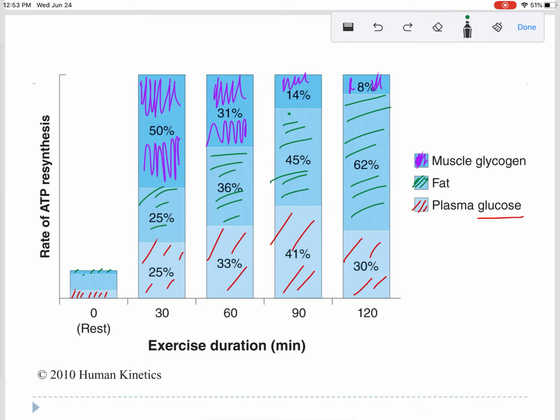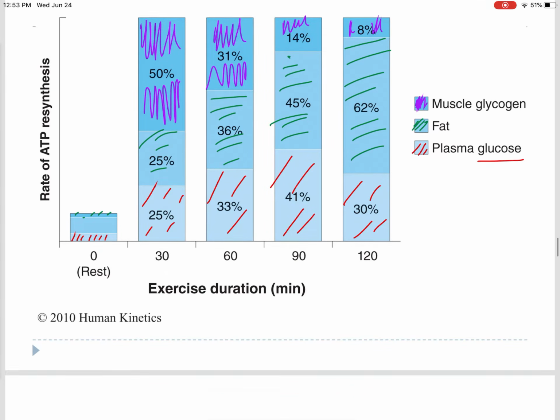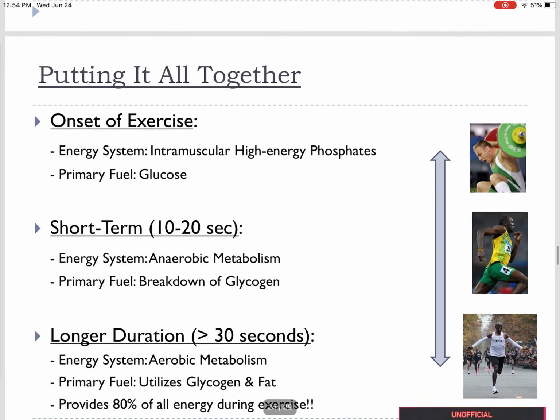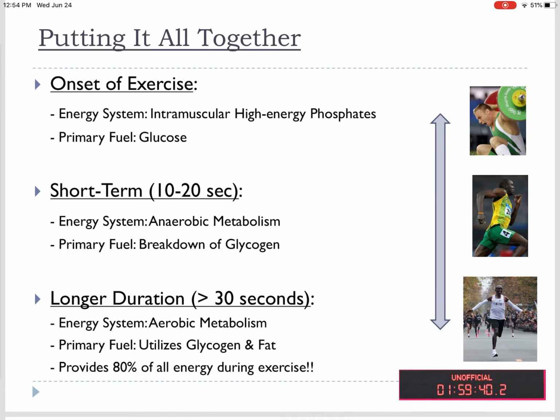Fat is an easy thing. As we increase the exercise duration, we're going to burn more fat. You don't need to know this chart. For those of you that like charts like me, I think it can be instructive, but there we go.